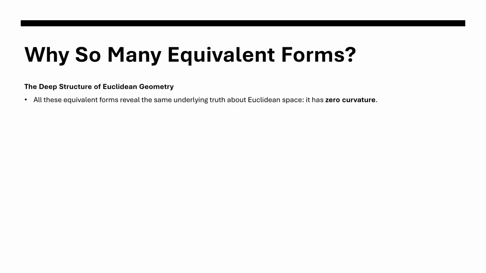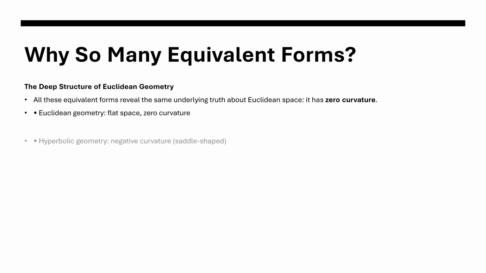In Euclidean geometry, we have flat space, zero curvature. We are talking about a flat surface, meaning exactly one parallel, so the angle sum is equal to 180 degrees.